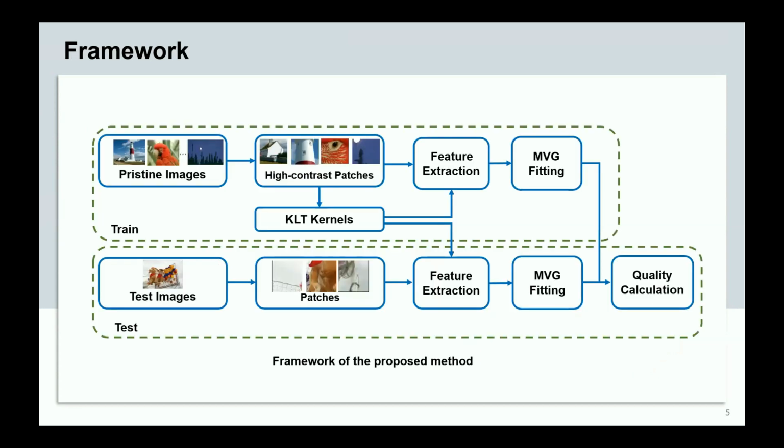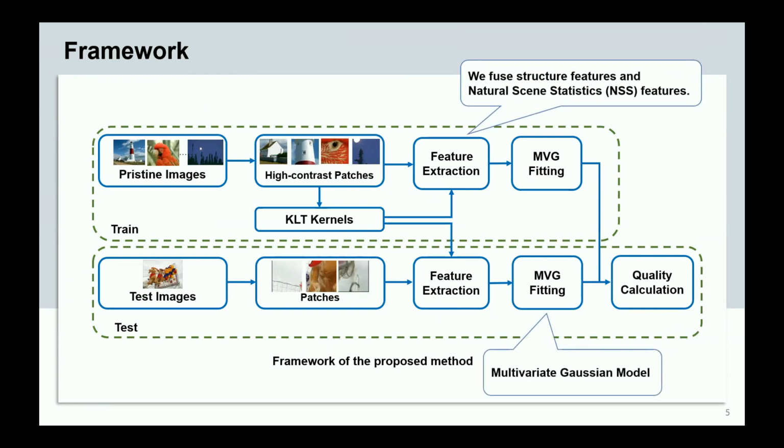And this is the framework. We fuse structure features and natural scene statistics, NSS features, and MVG model means multivariate Gaussian model. Training and testing share the similar progress. We calculate KLT kernel in the training process with high contrast image patches.